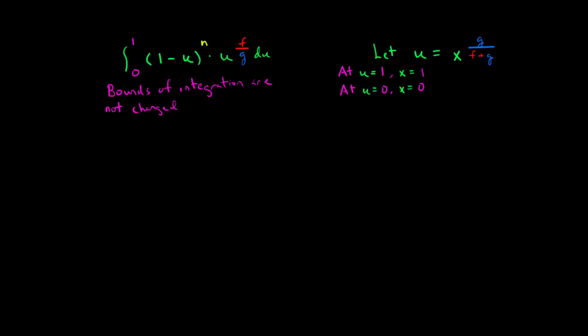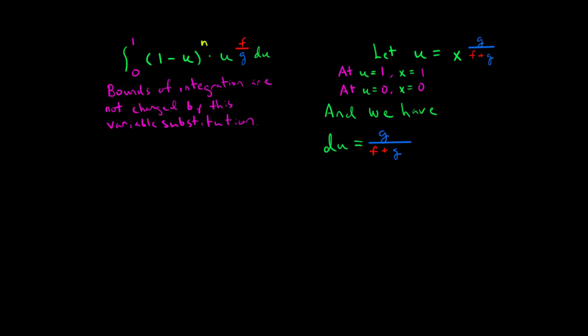We still have the bounds of integration being 1 and 0, and that's good. The other piece of information we found is that du is equal to g over (f plus g) times x to the minus f over (f plus g) dx.